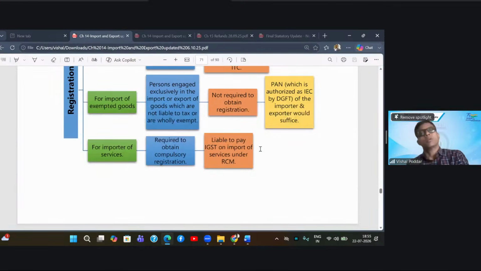Next, for an importer of exempted goods, a person who is exclusively in import-export of goods which are either not leviable to GST, like petrol and all, or which are wholly exempt, is not required to obtain registration. Their PAN number, which is also authorized on the portal of DGFT, is to be treated as their number for the purpose of registration, and that is sufficient.